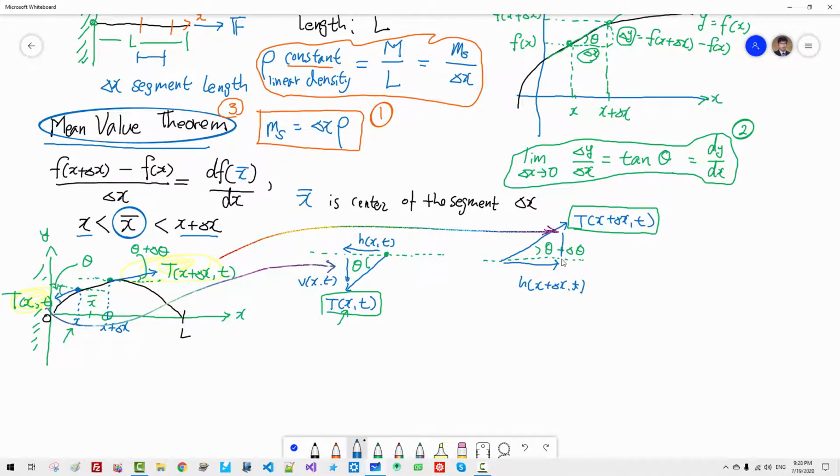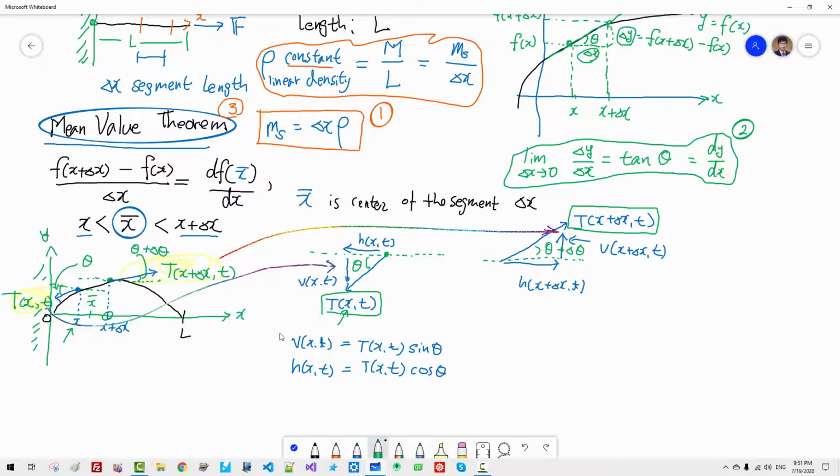This is the vertical component of T, V(x plus delta x, t). Then V(x,t) equals T sine theta. Then the horizontal component is T cosine theta.